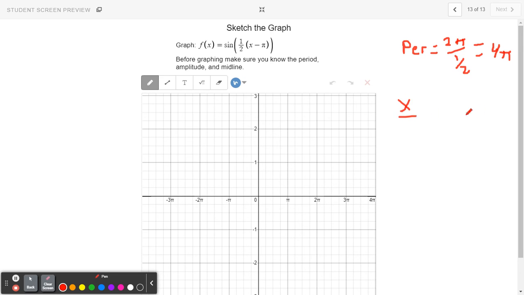All right, so when I go to pick my values here, I like to pick what's going to make this 0 in here. So I could go with pi, and then 4 pi later would be 5 pi.